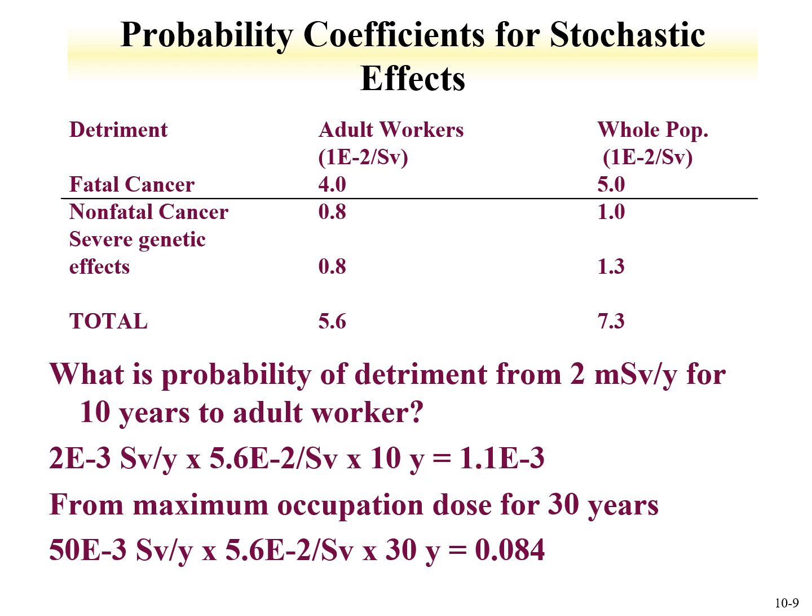If we look at the maximum occupational dose for 30 years, which is 50 times 10 to the minus 3 sieverts per year, we do that for 30 years, we see that the increased probability of having some detriment is 8.4%.